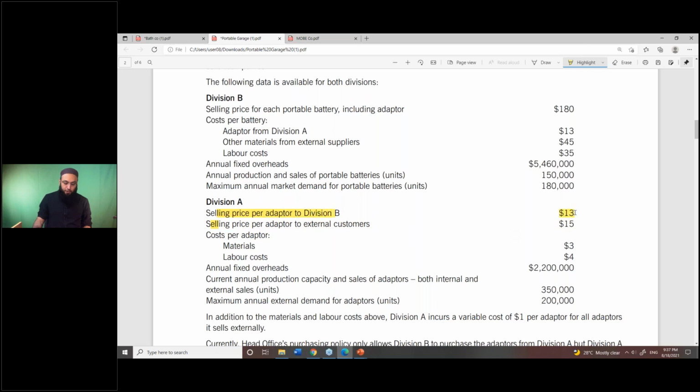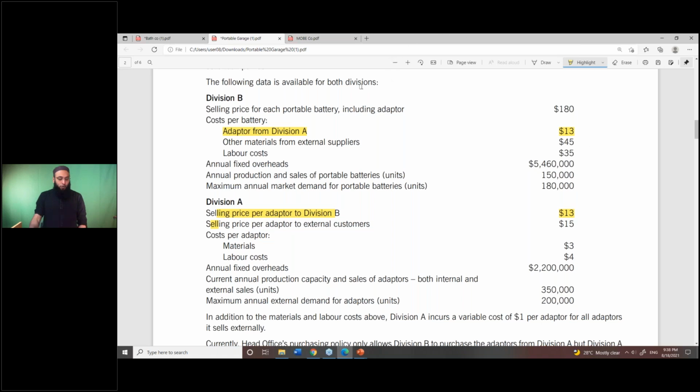So it's a revenue for A and it's a cost for B. The current policy gives you the idea that the current transfer is at 13. And once I read the scenario, I can find the units as well that they are currently following.